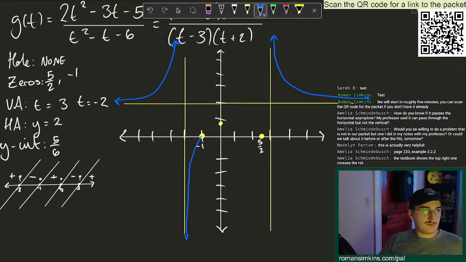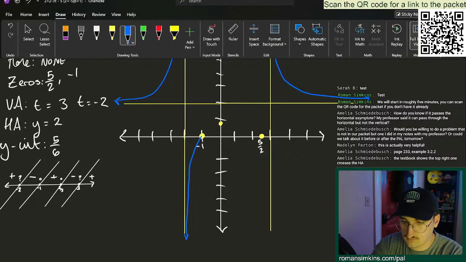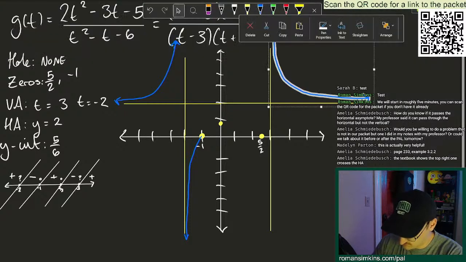Let me check this really quickly, because there might be something I'm missing.